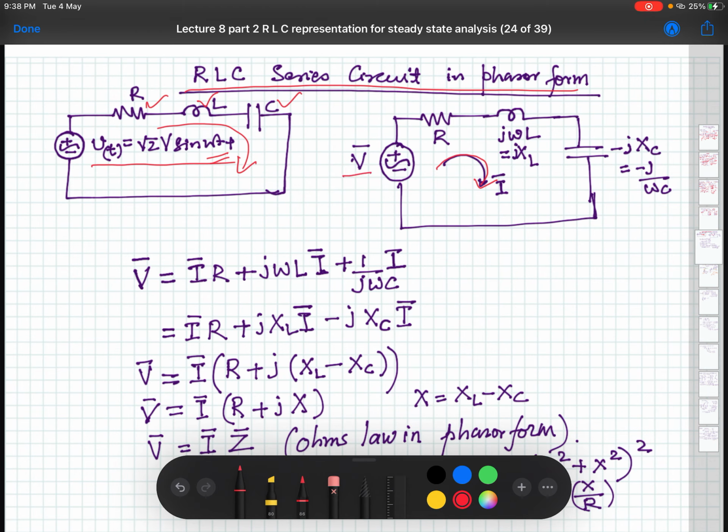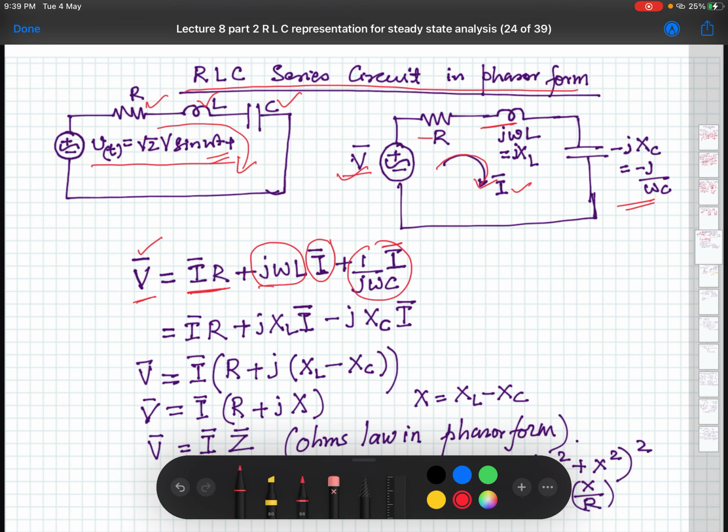That is, let us see, this is V, so V minus IR, so V is the phasor voltage, I is the phasor current, so IR is the drop here in R, then j omega L times I is the drop over here, and plus 1 upon j omega C I bar is the drop in this.